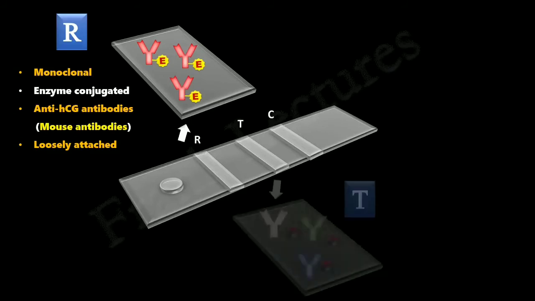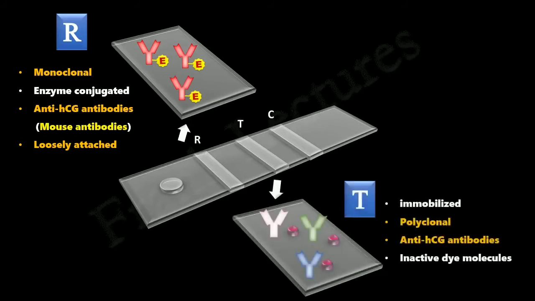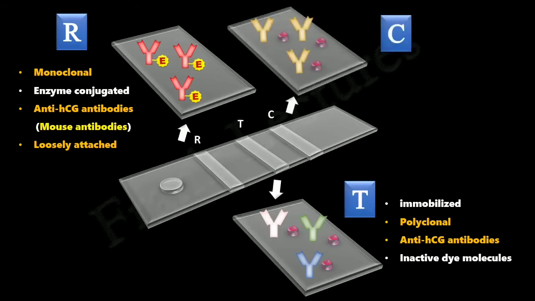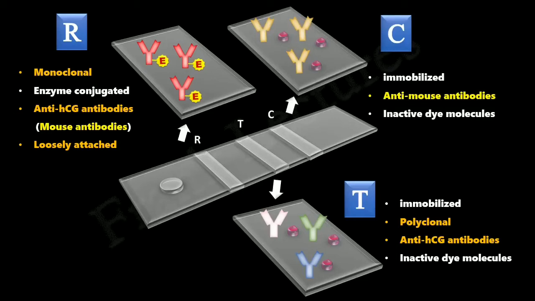The test zone is made up of immobilized, polyclonal, anti-HCG antibodies and inactive dye molecules. And the controlled zone is made up of immobilized anti-mouse antibodies and inactive dye molecules. The anti-mouse antibodies are specific for the reaction zone antibodies.